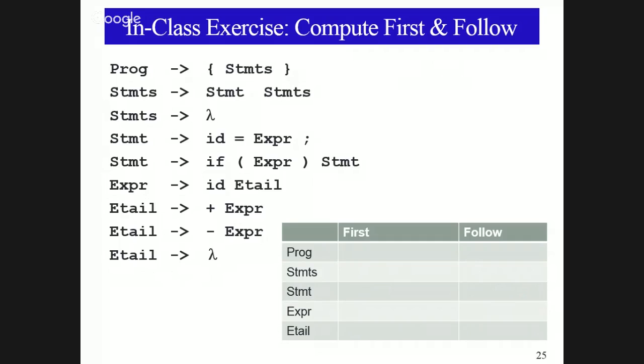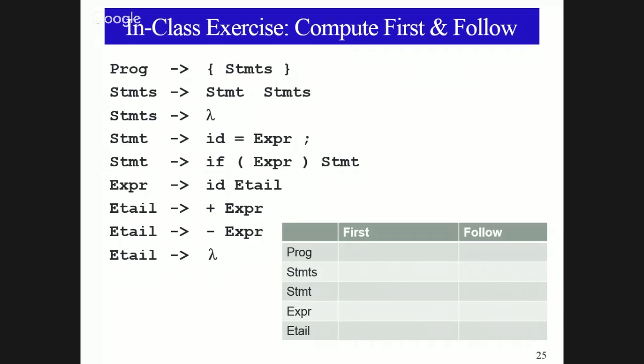The arrow affects the follow set. So does e-tail follow any? E-tail is at the end of expression. Okay, so e-tail follows ID. That does not... Oh, because there's no plus. Lambda. I was just hoping. Okay, I see. Maybe. Okay, we'll see.